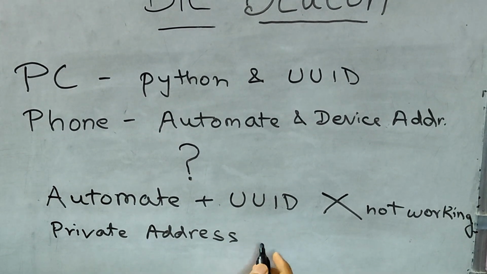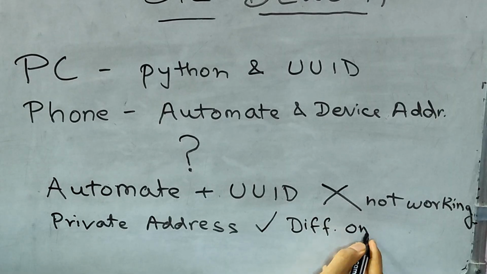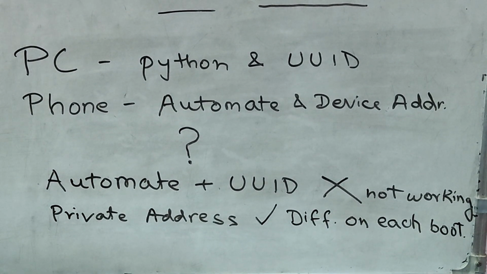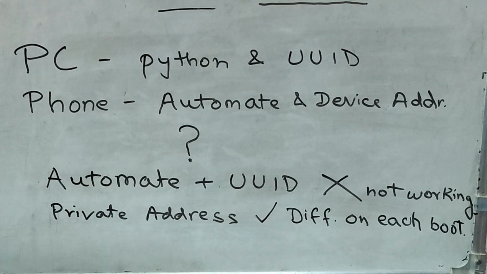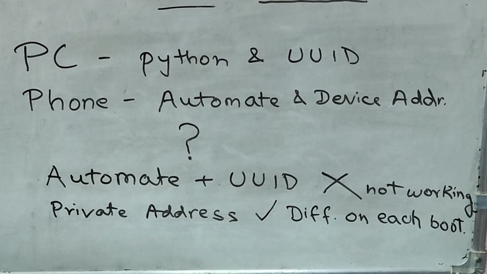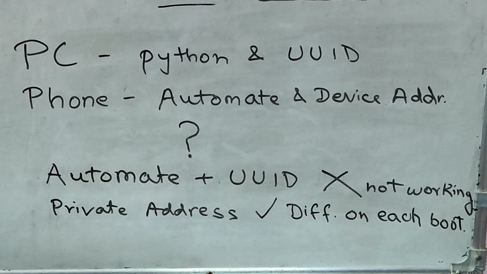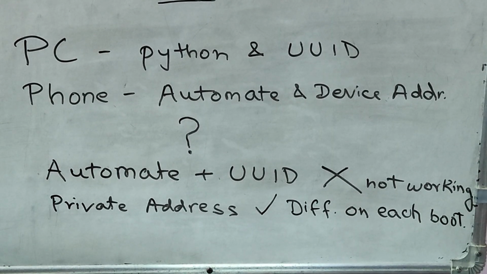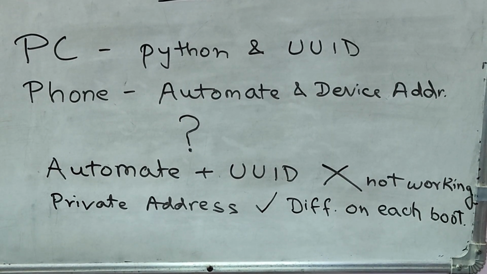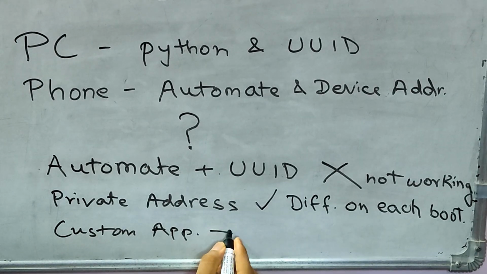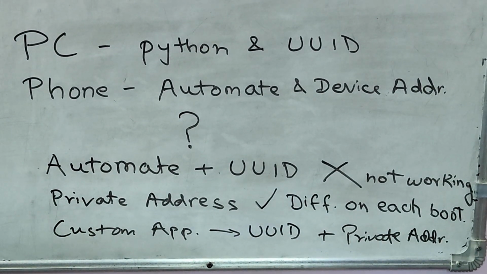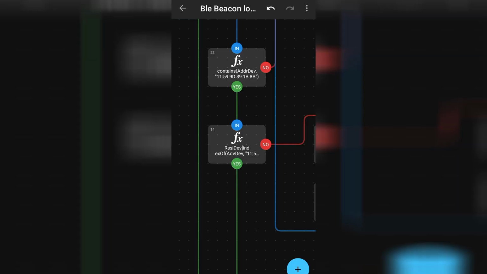So ultimately, I went with device address matching just to demonstrate the working concept. However, since I'm using a private address, it changes on every reset, which is inconvenient because every time the board resets, I need to enter that private address into these nodes again. So, if you are developing a custom app, you can implement UUID filtering and support private addresses as well.